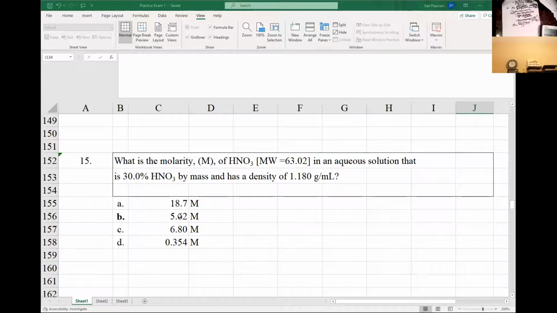We've got that many moles, so the molarity is going to be that many moles divided by the number of liters, 1 liter. So it's 5.617 moles per liter. There we go, 5.62 is the correct answer.